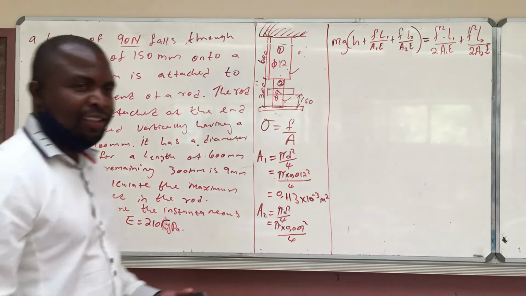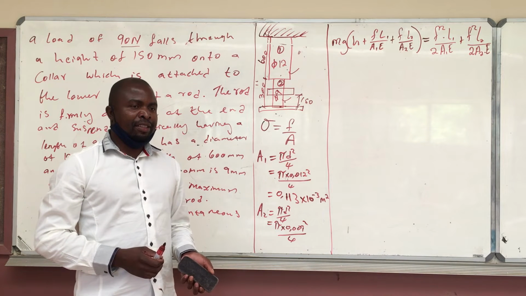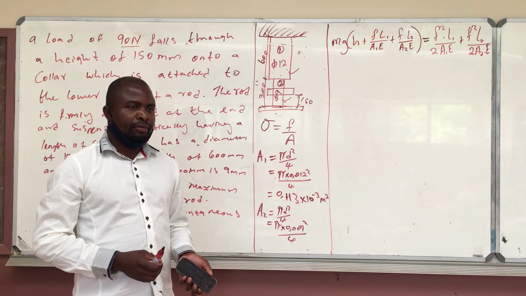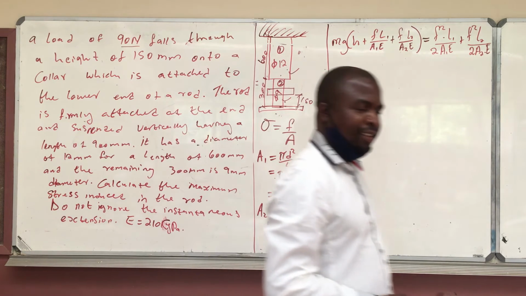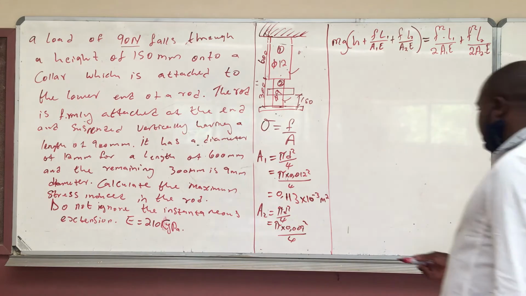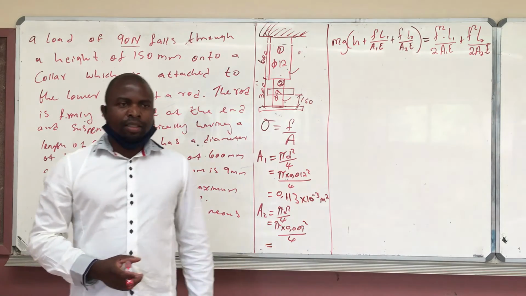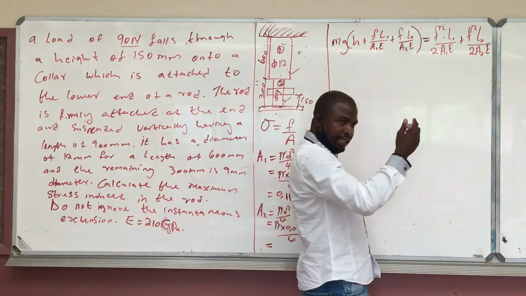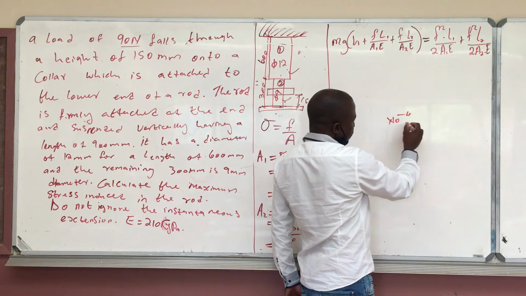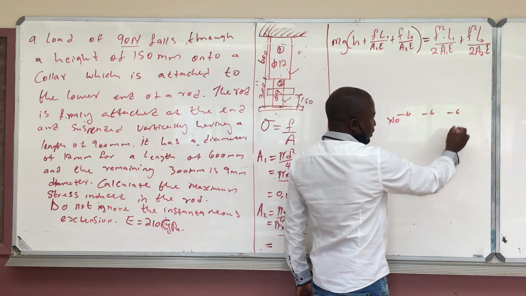Did you punch engineering mode? Press shift first before engineering mode. Do you know engineering mode? When you press engineering mode, if your answer is -4 times 10 to the power -4, it will go to the next one, which is -6. Then from -6 it will go to -9.